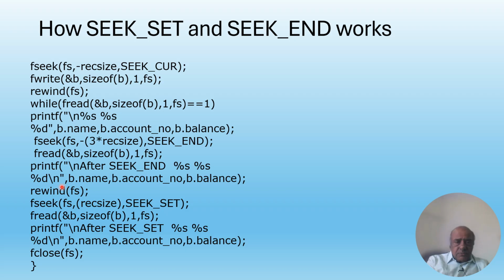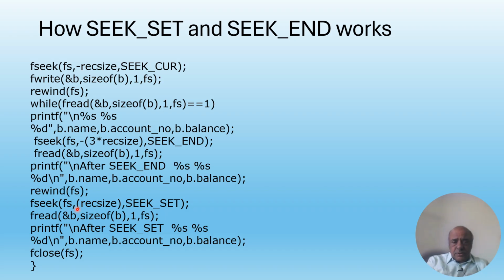So what the fseek function needs is first the file pointer on which we have to operate, which is the file currently open. The second parameter is the offset.